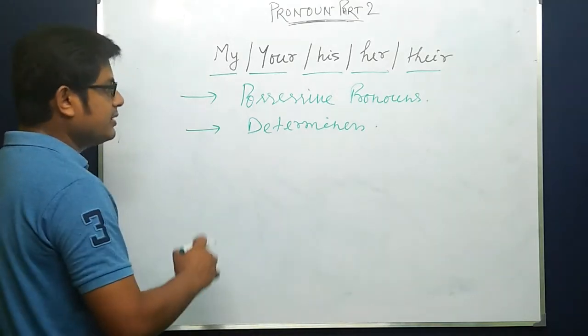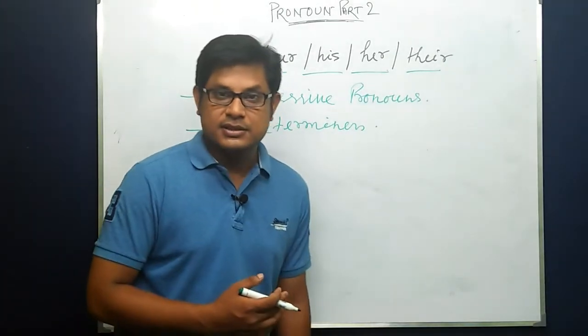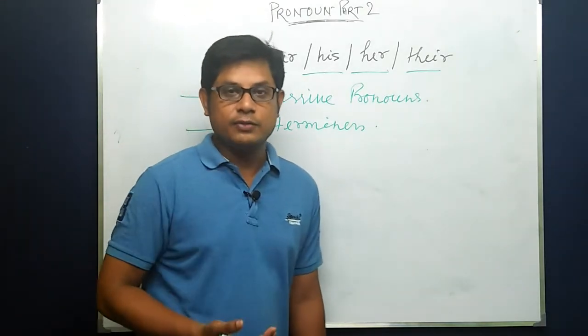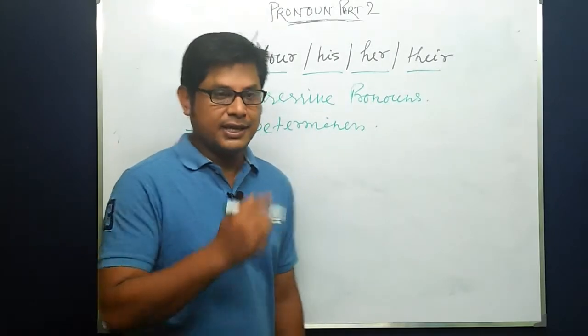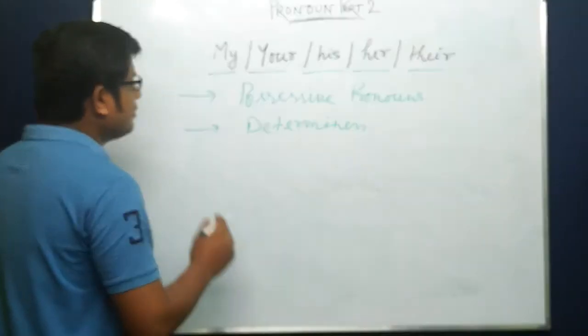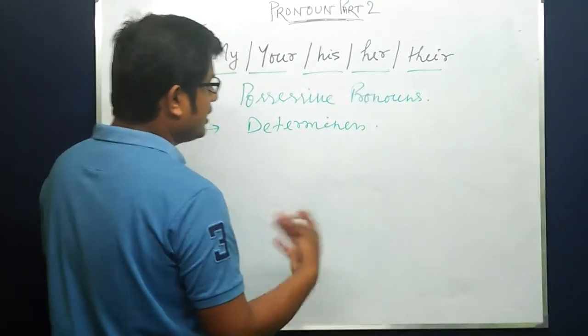Being determiners, these words are used at the beginning of any noun phrase. That means whenever you use any noun, you have to use these pronouns first, then the noun after this.